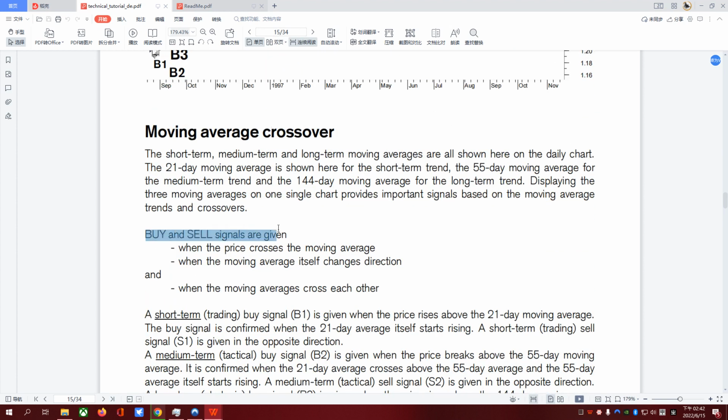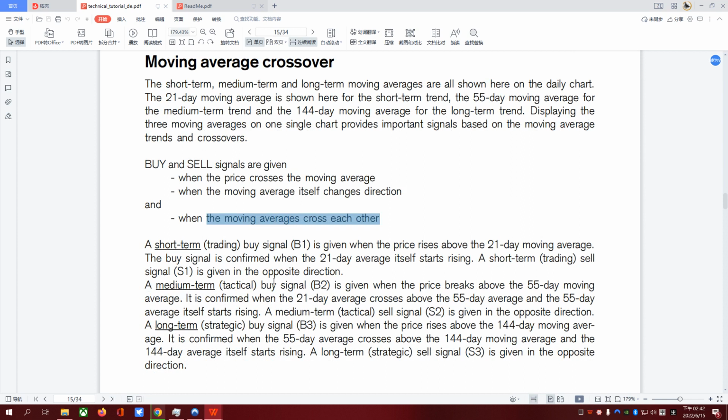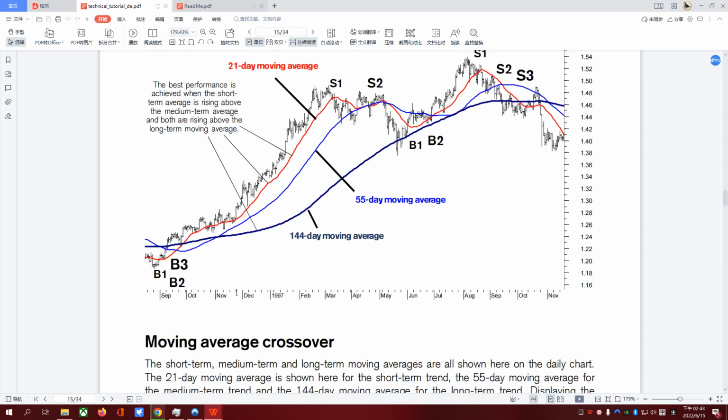Buy and sell signals are given when the price crosses the moving average, or the moving average itself changes direction, or when the moving averages cross each other. As you can see, there are different buy points and sell points.